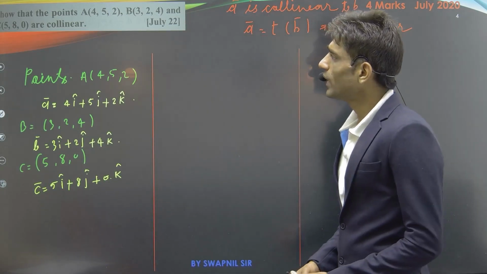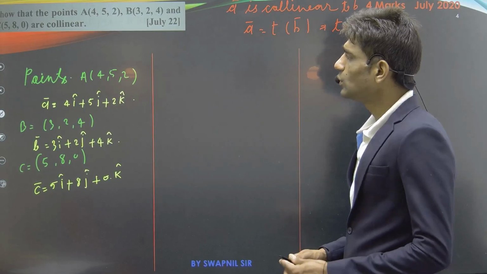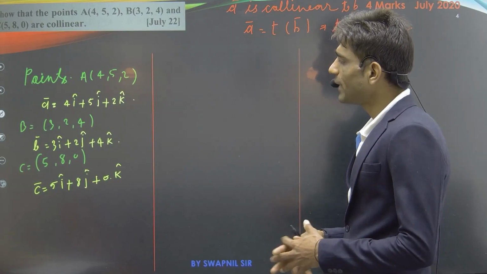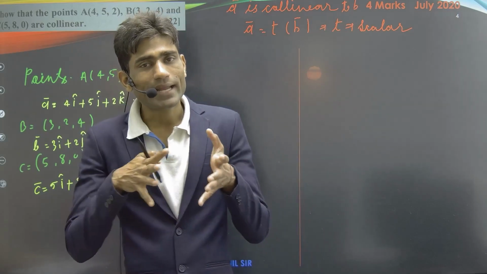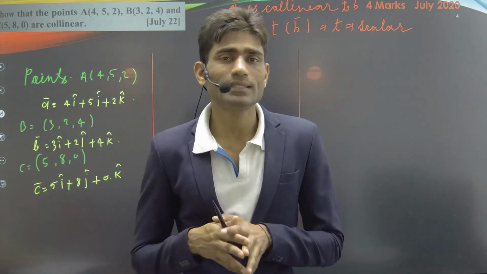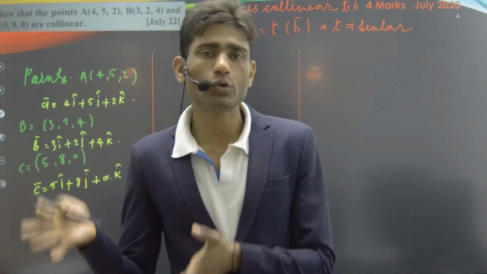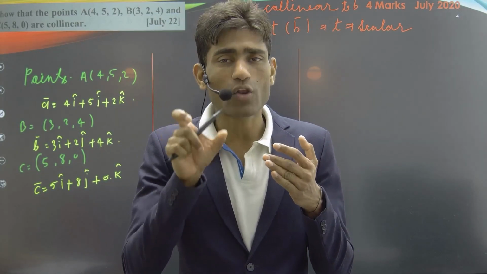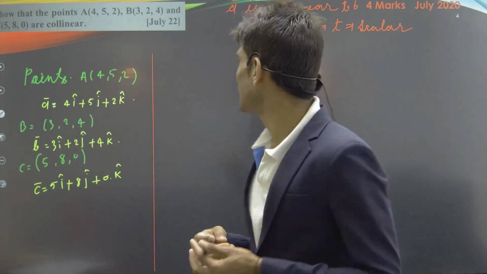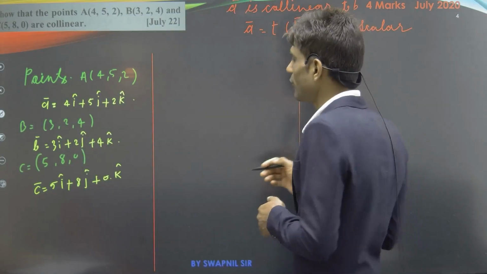Now I have three position vectors, and I have to show that the points A, B, C are collinear. That means we have to show line AB is parallel to BC, or that line AB is along the line BC. Which condition do we have to prove here?